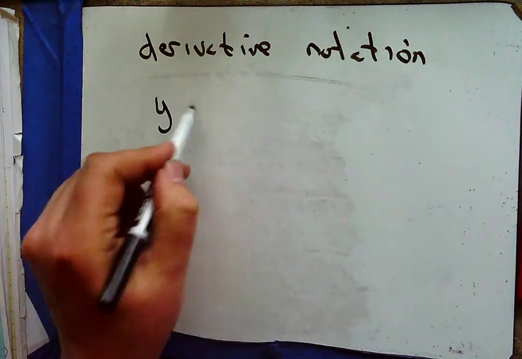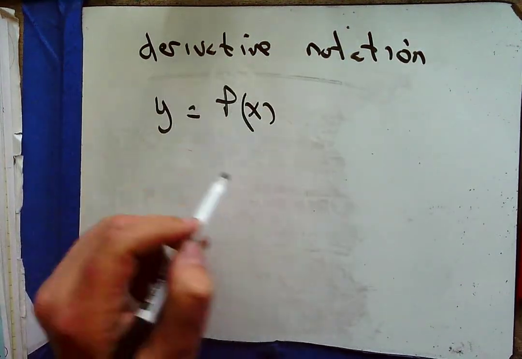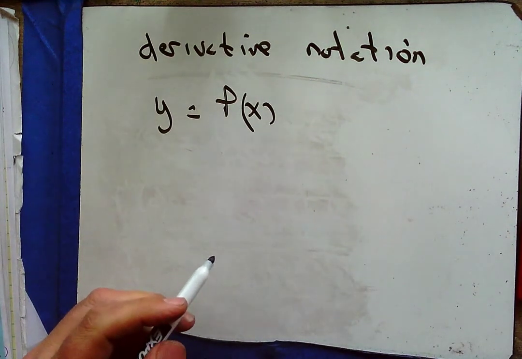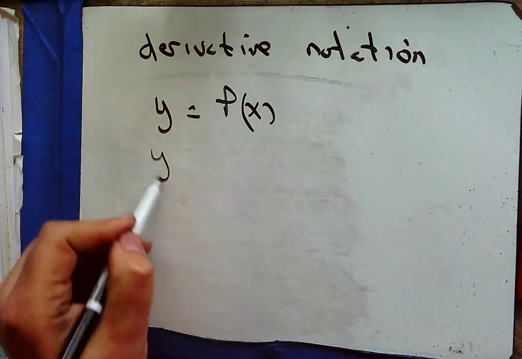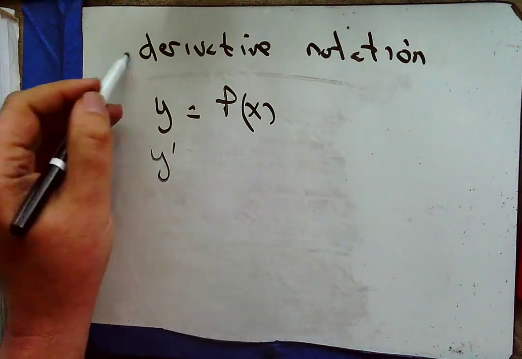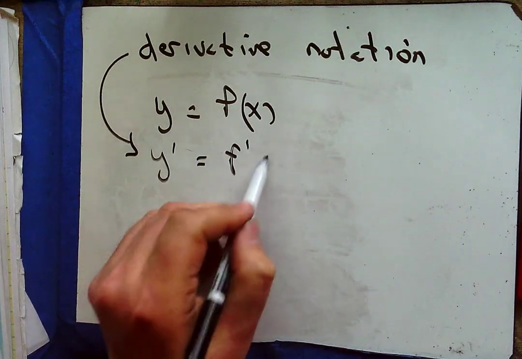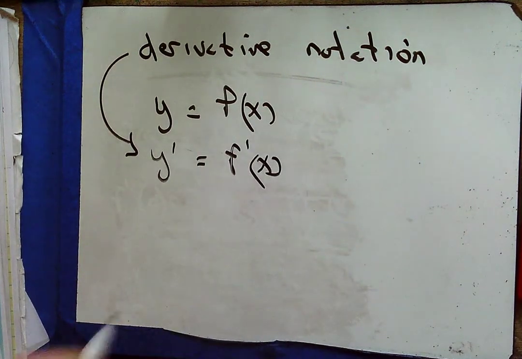Let's say I've got y equals f of x, and I want to talk about the derivative. Well, I can talk about this derivative in lots of ways. First, I can call y prime the derivative, or I could say f prime of x is the derivative.